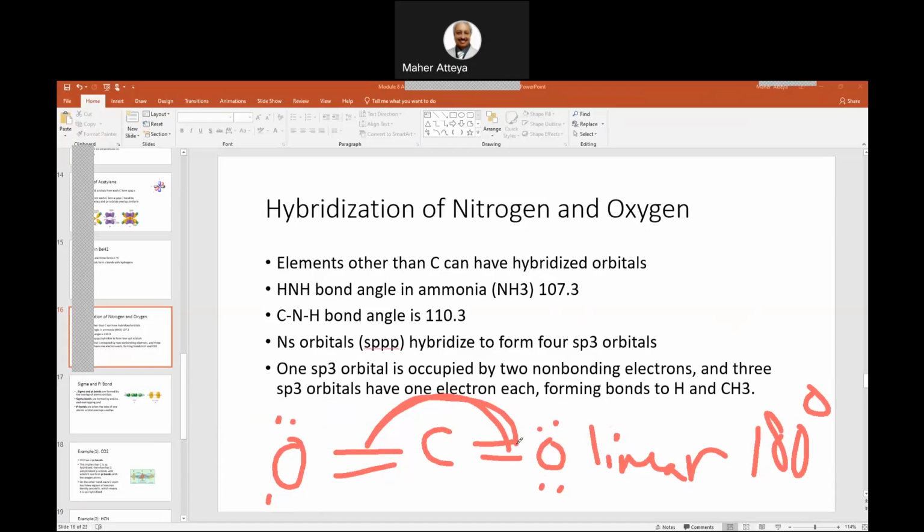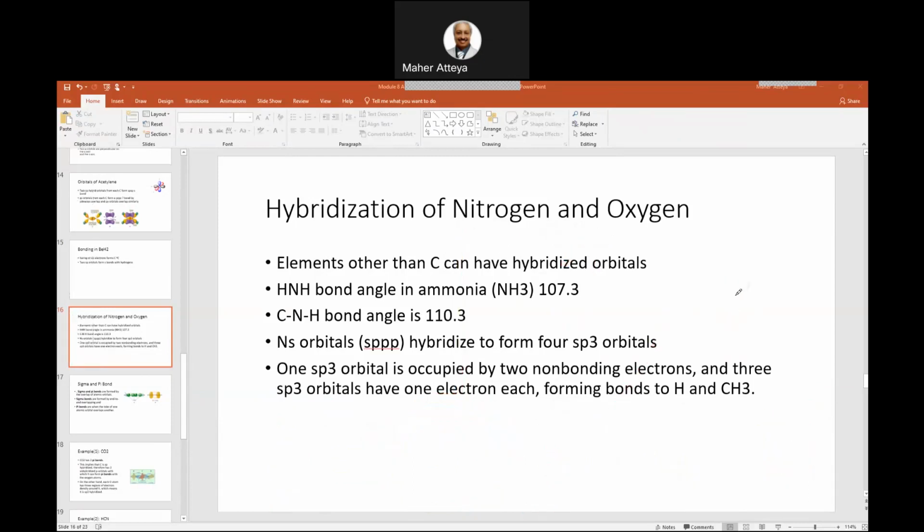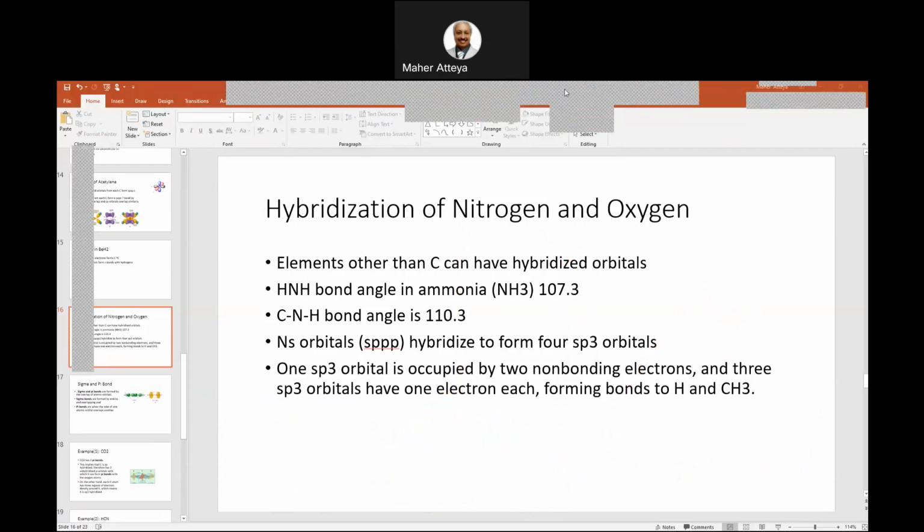Well, ask yourself, what's wrong? If we know it's linear, then the carbon here will be what? When we said linear, it will be sp. The oxygen, on the other hand, is double bonded, so the oxygen will come as sp2. So here it is.